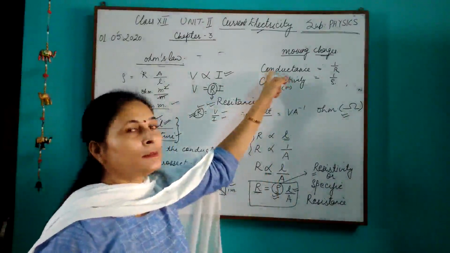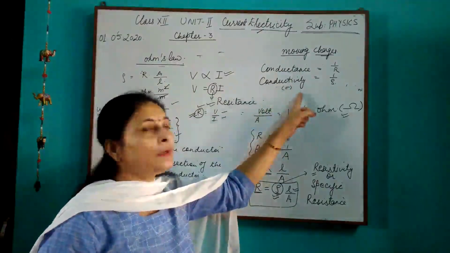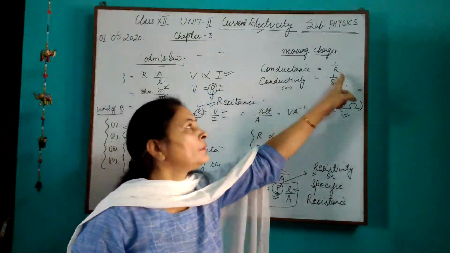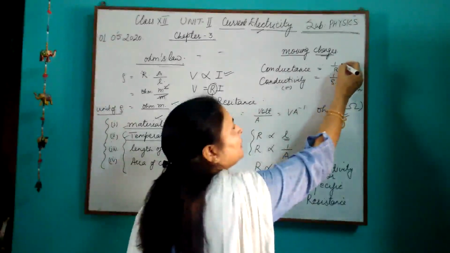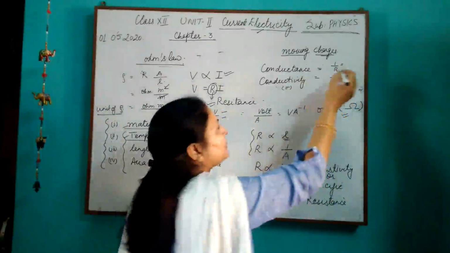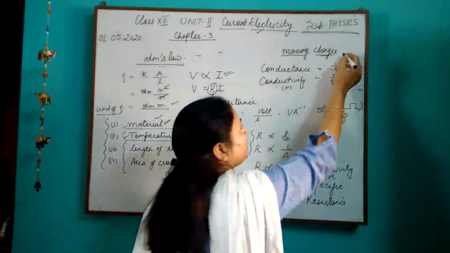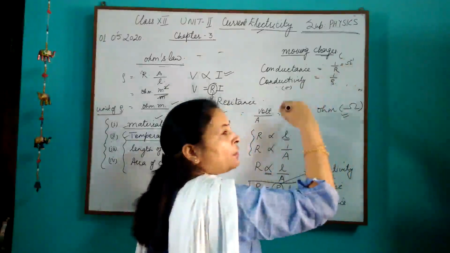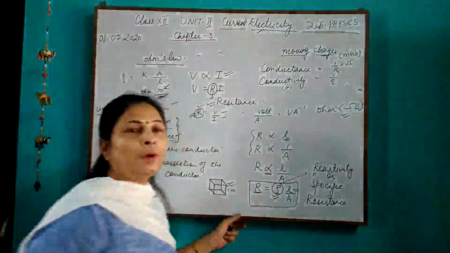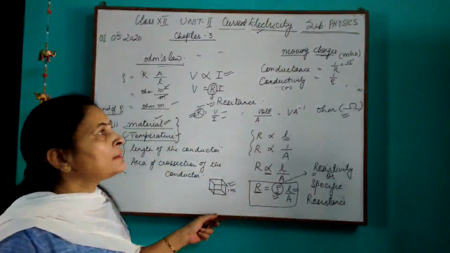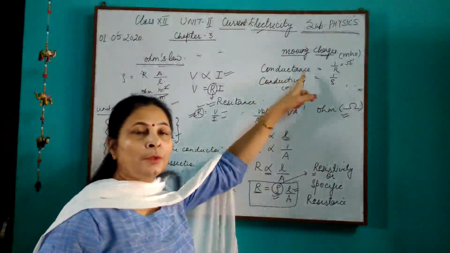So conductance is the reciprocal of resistance. Conductivity is the reciprocal of resistivity. Accordingly, the unit will be reversed. Like for resistance, it will become now ohm inverse. This I am telling you because this can also be written as the reversal of ohm, that is MHO. Per ohm can also be written as mho. So these are the new terms which now you are going to learn.